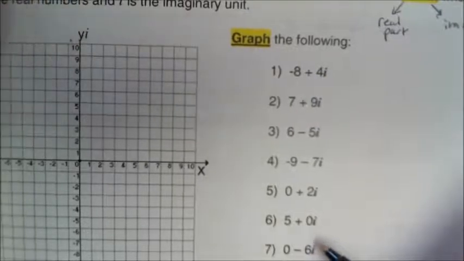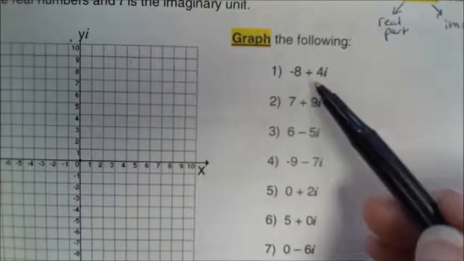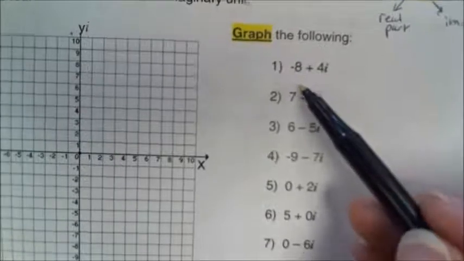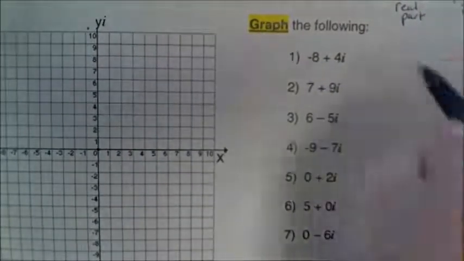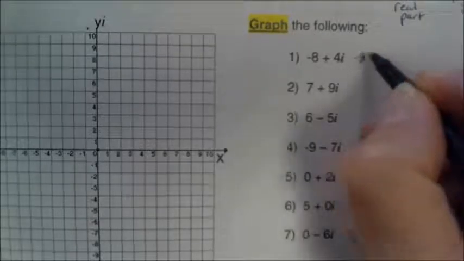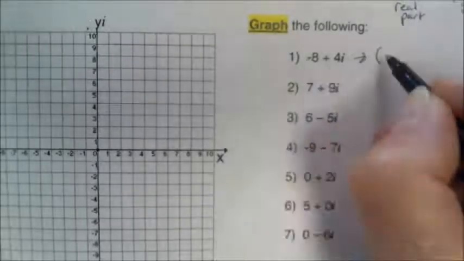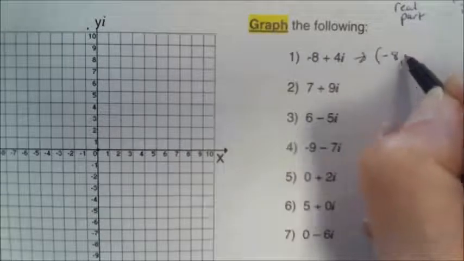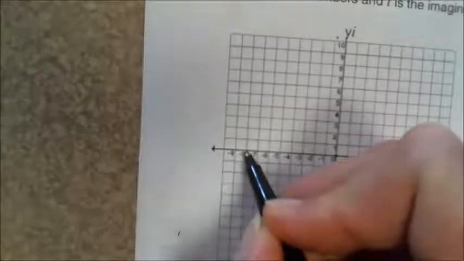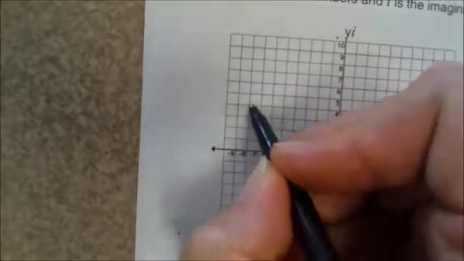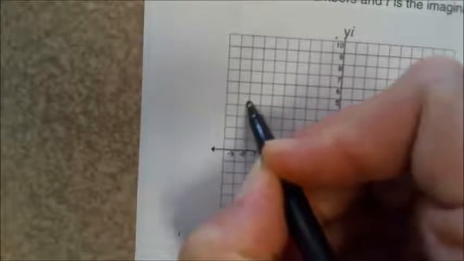These i's are almost like variables. You can consider them that way. So what we're going to do is graph these. These are like graphing just a point on the XY axis. This is like graphing the point -8, +4. And if you wanted to graph -8, +4, you go back to -8, and you go up 1, 2, 3, 4, and it's just a point on this XY axis.